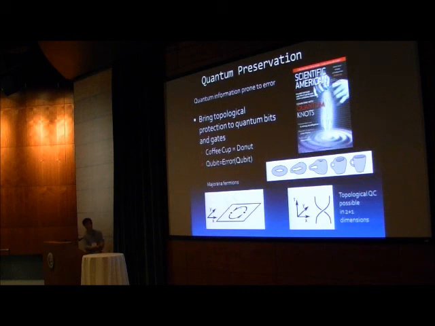I'm not a theorist, but from my point of view, one fascinating theoretical development since the development of quantum computation and the modern framework is the idea of using topology. I've been saying everything is distinct, but in fact, we know topologically that a donut is the same as a coffee cup.